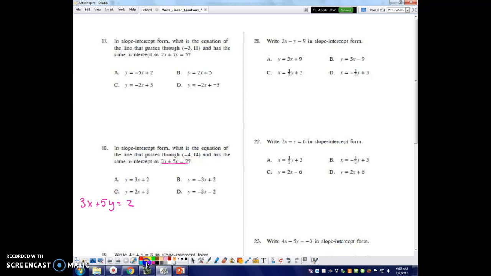Move the x. So we have 5y equals negative 3x plus 2. Then divide by 5. So we have y equals negative 3 over 5 x plus 2 over 5.